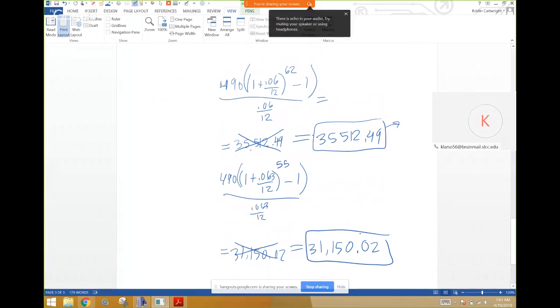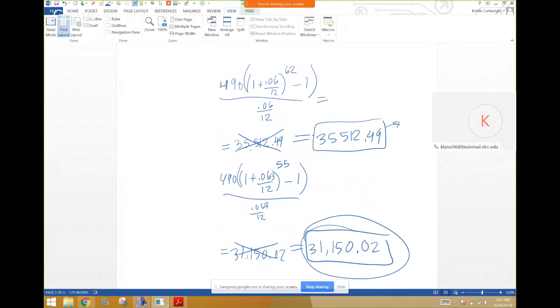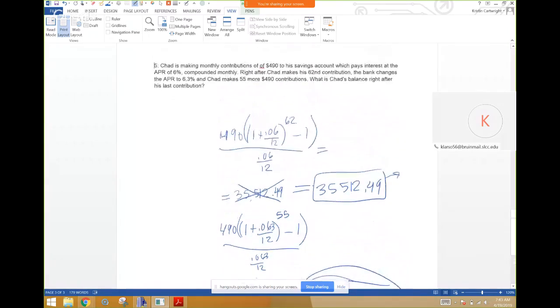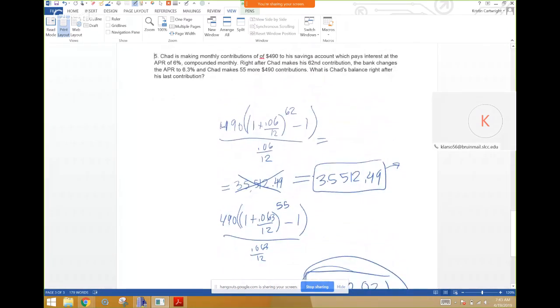Yeah. So that's what we did here with the 31,000. But this 35 also continues to grow for that 55 unit time period. So we need to take this and consider it like a one-time deposit.